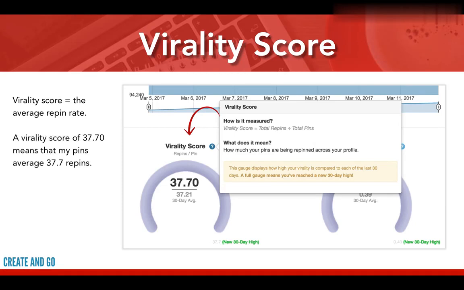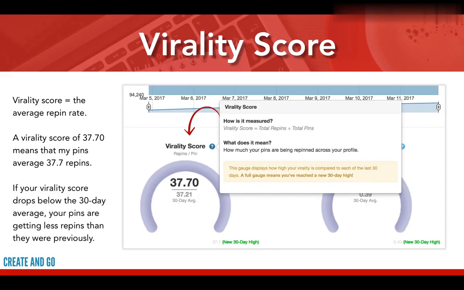So basically, a virality score of 37.70, like mine, means that my pins on average get 37.7 repins. Of course, that's an average, because a lot of pins get much higher than that, a lot of pins get much lower than that. It ends up averaging out to 37.70, and that's an overall account-wide average. So it's kind of an average of all my boards and all my pins.